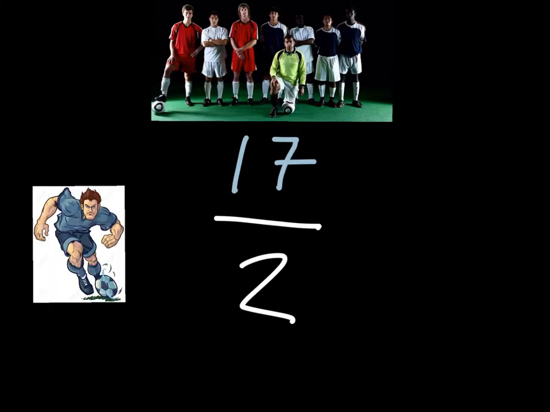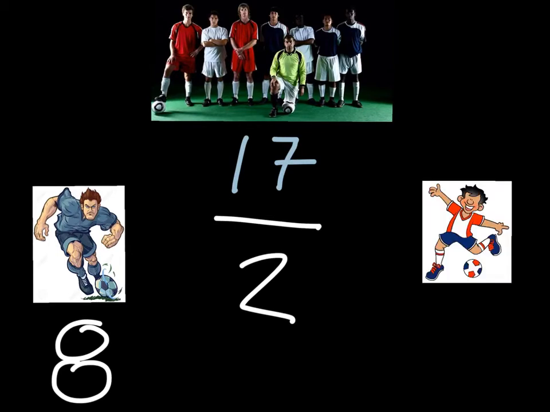Now, what this might mean is that if you have a bunch of soccer players, for example 17, and you want to split that into 2 different groups, you would probably end up putting 8 players on one side and 8 players on the other side.